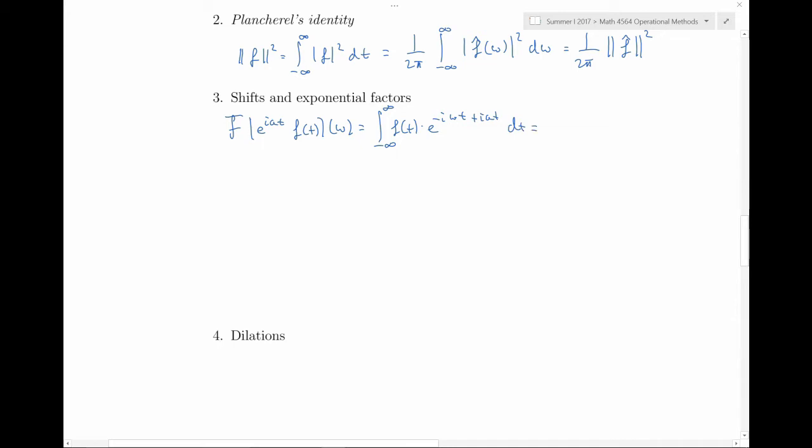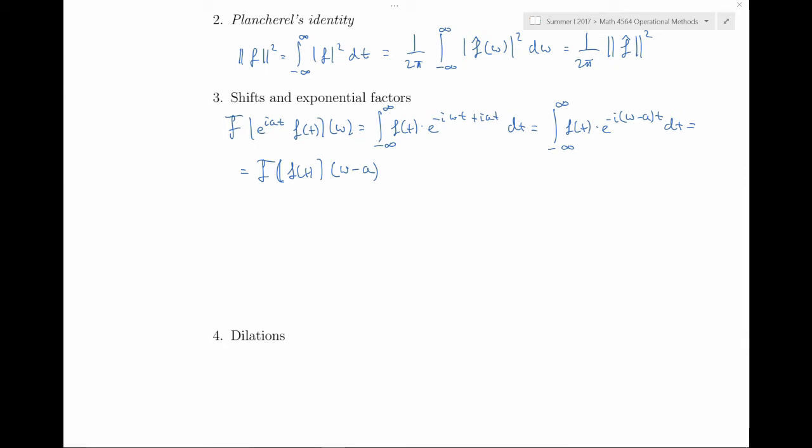So this is going to be the same as integrating f of t against e to the minus i (omega minus a) t dt, which is going to be the same as the Fourier transform of the function f of t, instead shifted by a. So just like in the case of the Laplace transforms, multiplying by exponential factors gives us shifts in the Fourier transform, except that the exponential factors are just a little bit different.